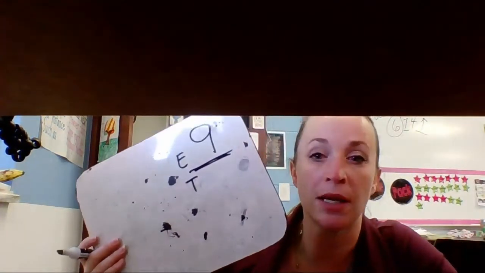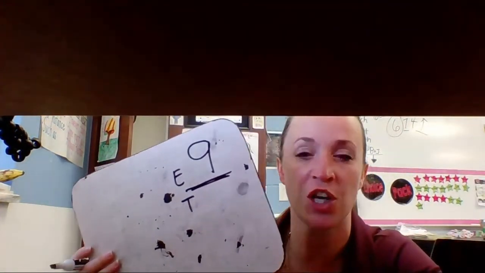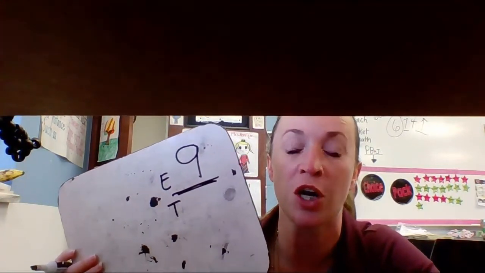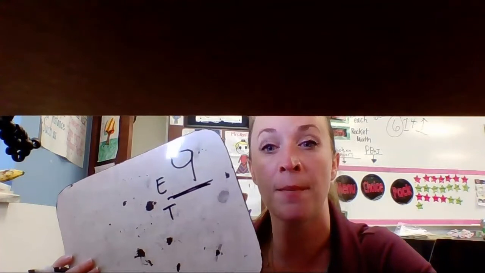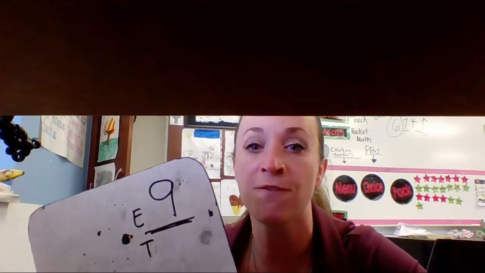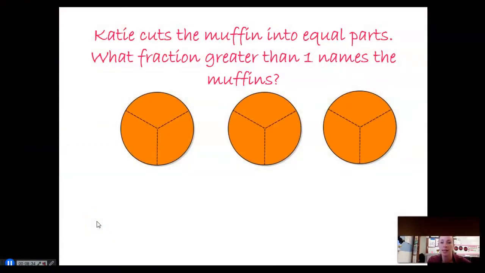So what's the denominator? Your denominator never changes. And on things like this, it is always the first picture. So I'll say that again. Your denominator never changes. It is always the first picture. So what is the first picture? Let's see here. 1, 2, 3. That is what it's cut into. Is this cut into 3 parts? 1, 2, 3.